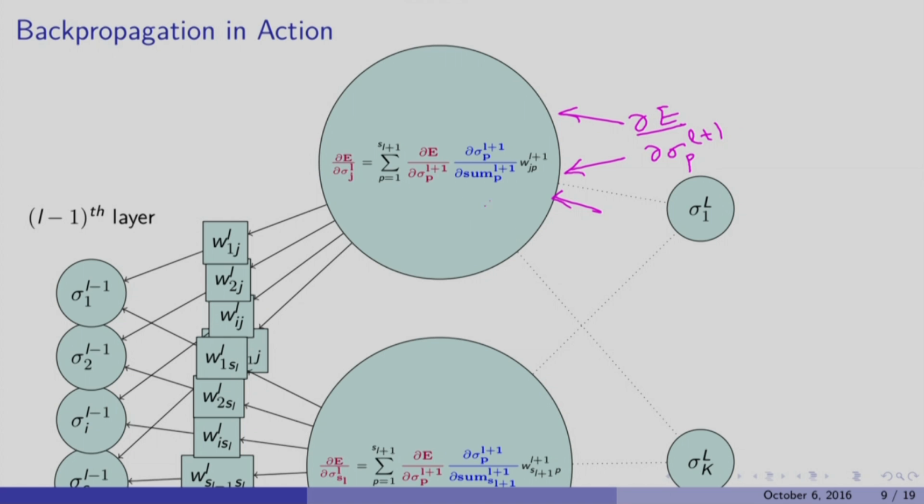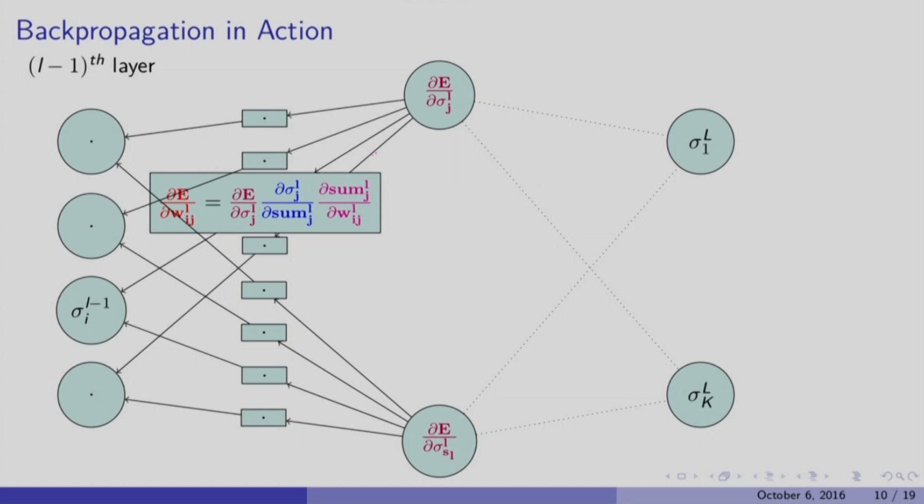At this node you have a weighted linear combination of these. These are assimilated for updating the weight. So the update basically invokes the chain rule, and we now know the value of the partial derivative of sigma jl with respect to sum jl. We know this to be sigma jl into 1 minus sigma jl.